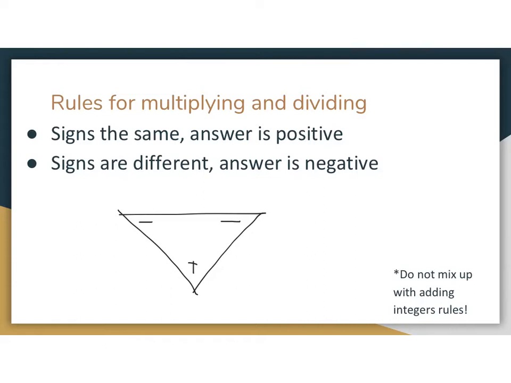And the reason why I draw this angry Dorito man is because it's like a reminder of our rules. For example, if I give you the problem -2 times -3, I am dealing with two negative numbers, numbers that have the same sign.